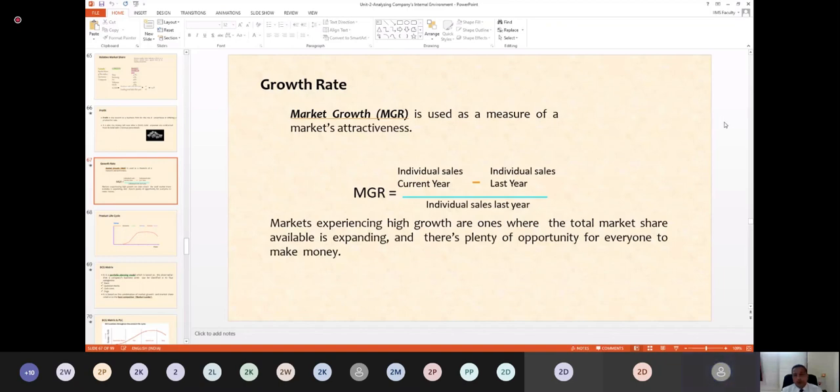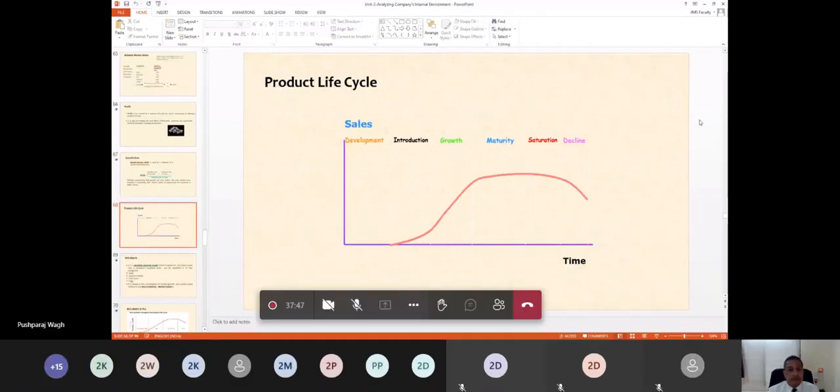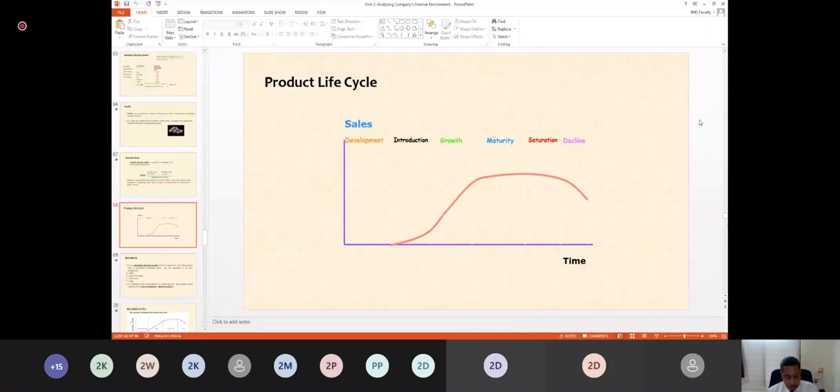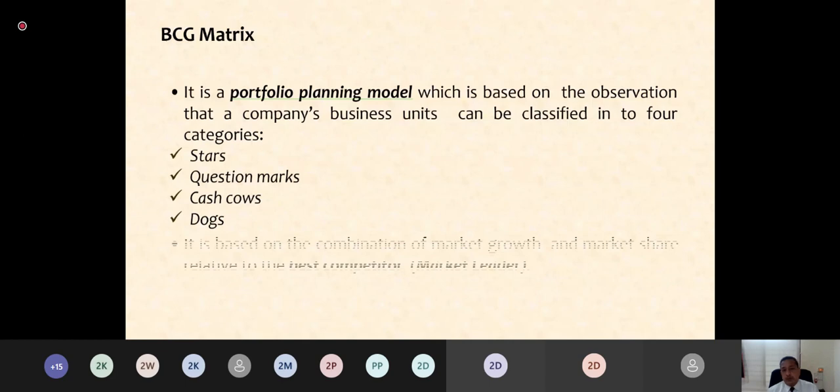So till growth rate, I think you have understood. And then we talked about the product life cycle, having these 6 stages. And to start with this business portfolio matrix, we'll have to understand that this model is used for planning, and then this portfolio planning model, which is being prepared by BCG Group, that is Boston Consultancy Group.